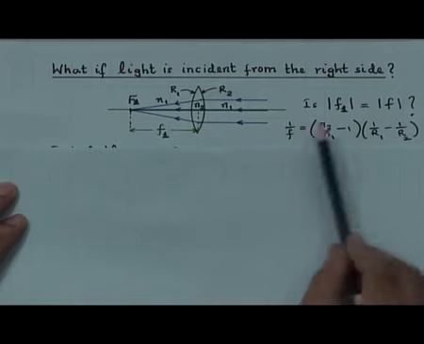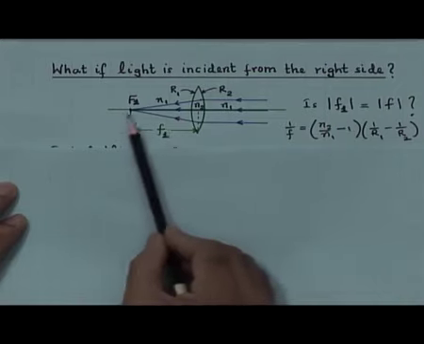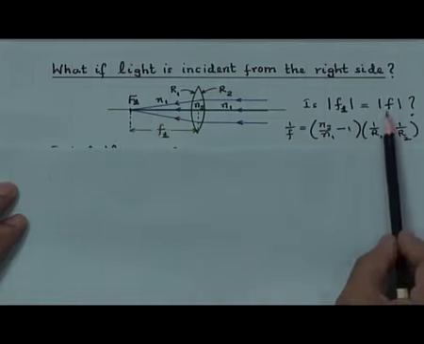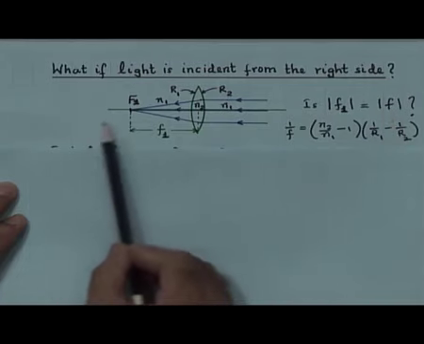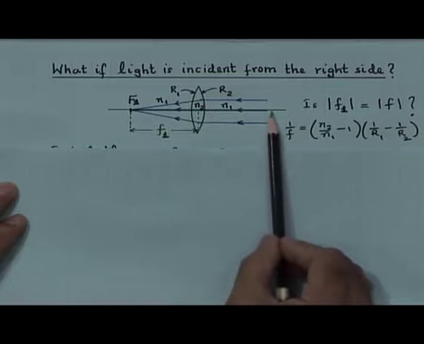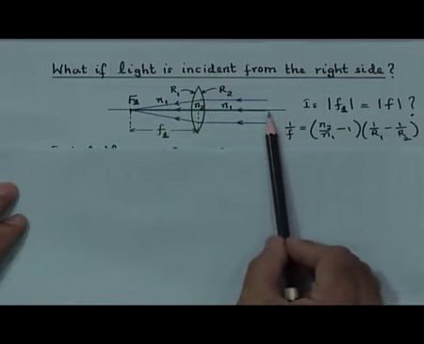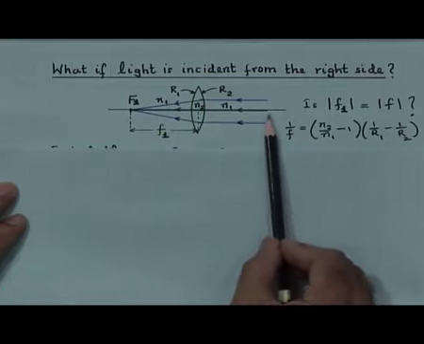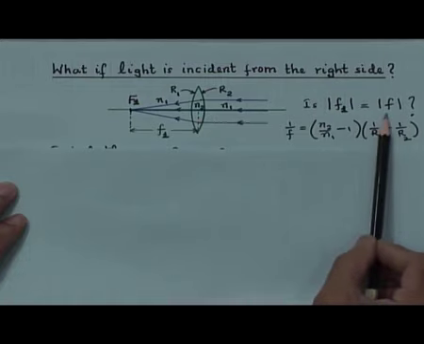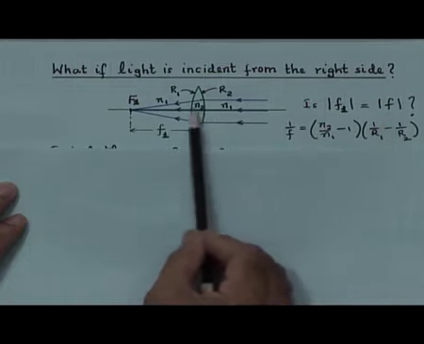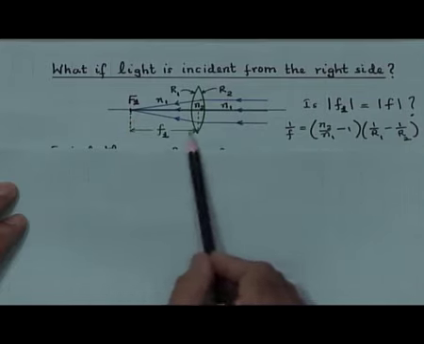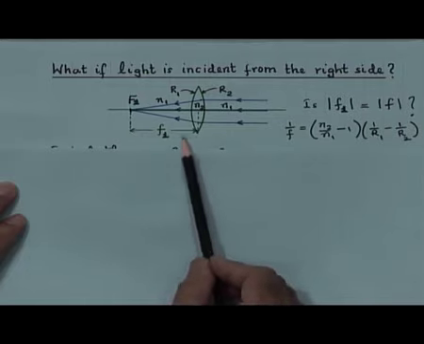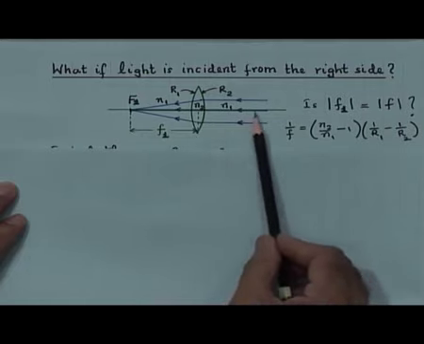So, the question is whether this distance f1 is the same as the f we had considered when parallel light was incident from this side and focused to a point, the principal focus here, and we call this focal length f. Now, if light were to be incident from here, whether it will focus to a point here and whether the focal length on this side is the same as the focal length on that side.